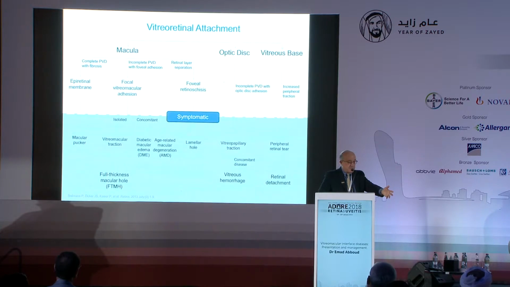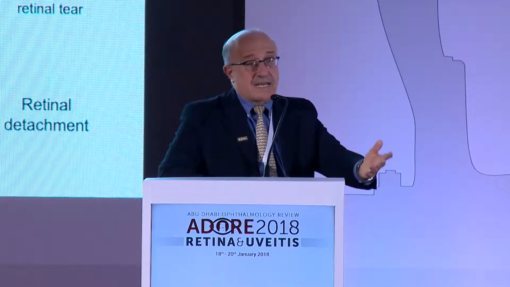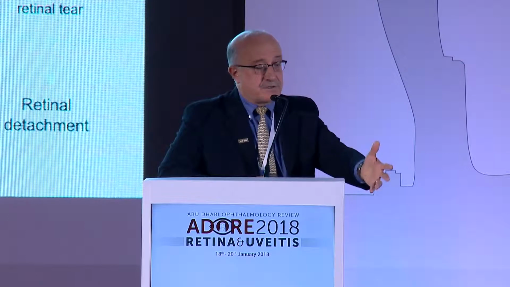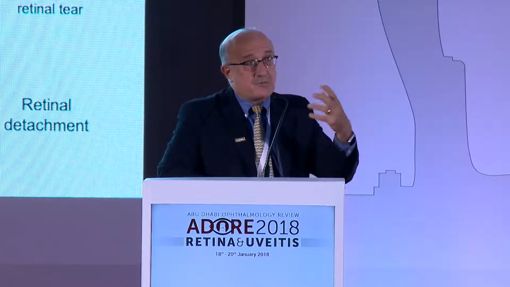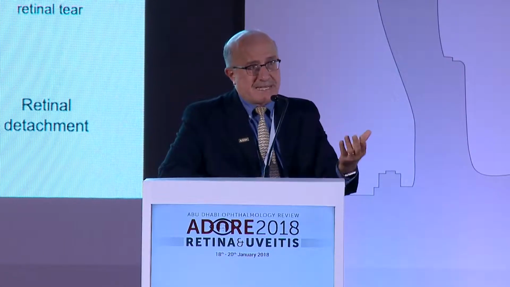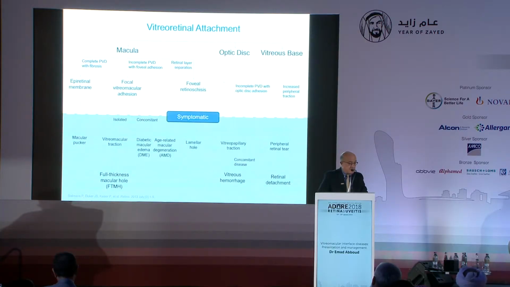You can have problems with epiretinal membrane. If the vitreous has separated with fibrosis, you can have foveal retinoschisis, and the important part for this talk is the focal vitreomacular adhesion, which is anomalous separation and can lead to vitreomacular traction. And then that can progress to a macular hole.